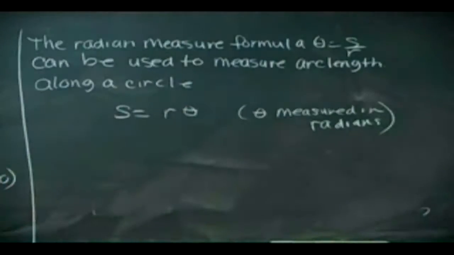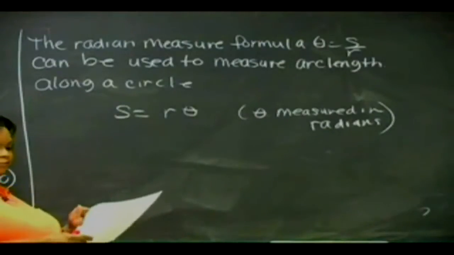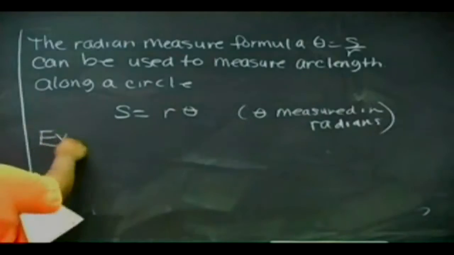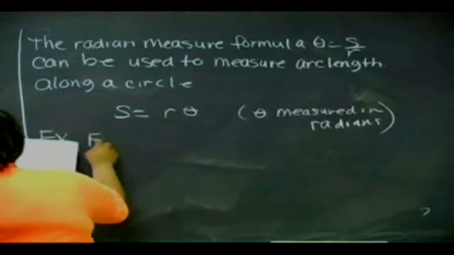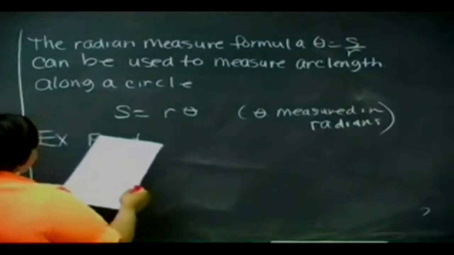So for arc length, you cannot use the degree measure. You must use radian measure. Let's look at an example of finding arc length. Or we may use this to find theta.